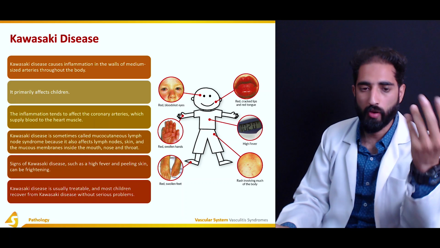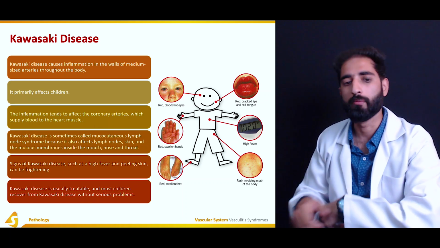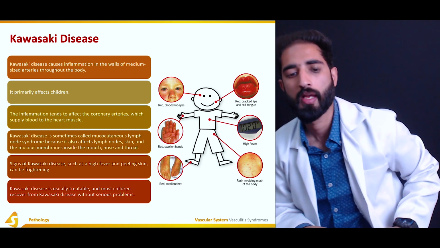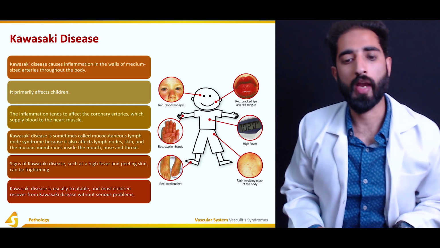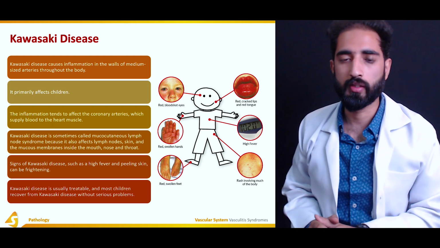Kawasaki disease, most commonly in children, causes inflammation in the walls of the medium-sized arteries throughout the body, not specific to any region, and it tends to affect the coronary arteries, which supply blood to the heart muscles or the myocardium.